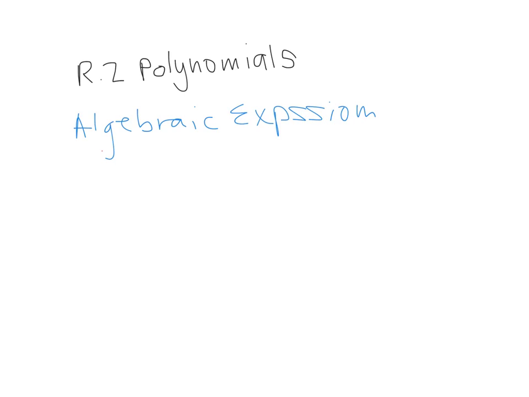An algebraic expression combines three things, the building blocks of algebra: a number, an operation, and by operation we just mean addition, subtraction, multiplication, division, exponent. And the third piece that goes into an algebraic expression is a variable.